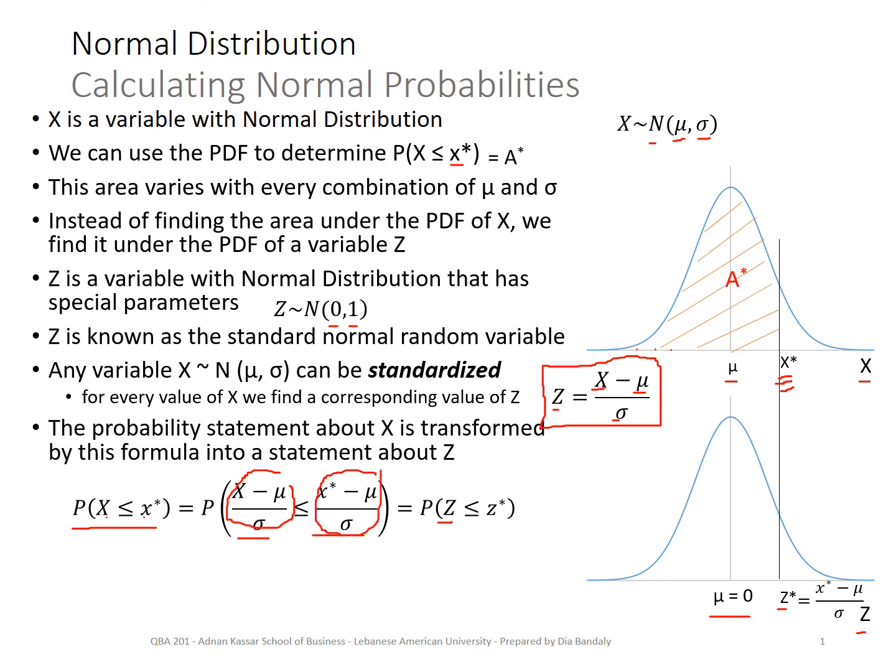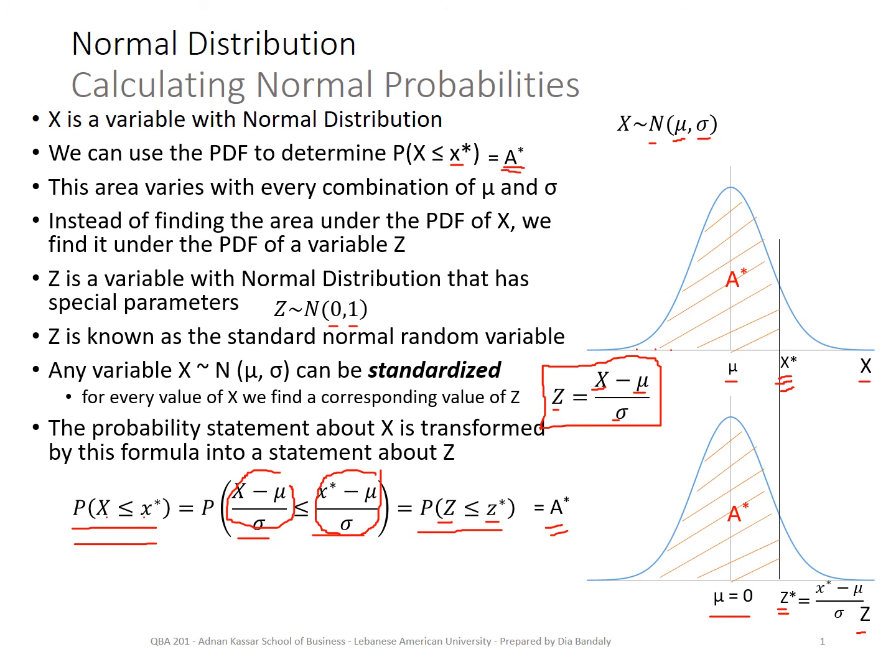This part is a specific value of z corresponding to x star, which is z star, meaning that now in order to find the probability that x is less or equal than x star, all what I have to do is find the probability that z is less or equal than that z star, and z star, I know it. Here we go. I have found it here. So I will find now this area, and this area is what? It's A star, and this will be the probability that z is less or equal than z star. And you see, this A star is exactly equal to that A star.